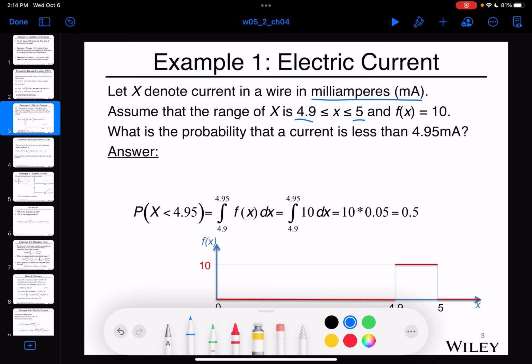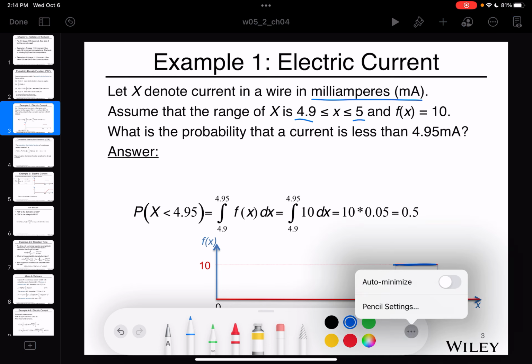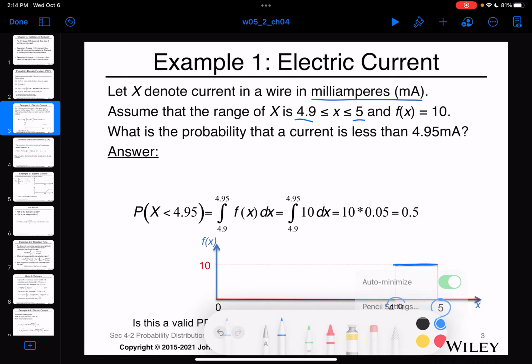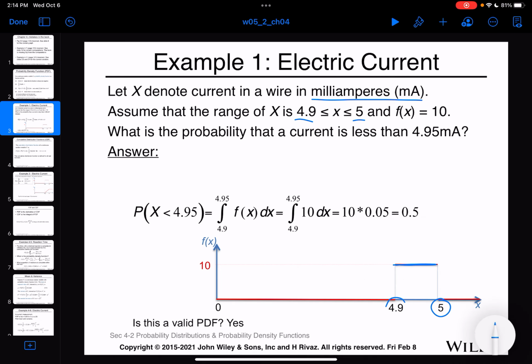And for that range, I have a constant probability, meaning that the current can take any value between 4.9 and 5 with equal probabilities. Okay, like this. So there's equal chance of the current being anything between 4.9 and 5.